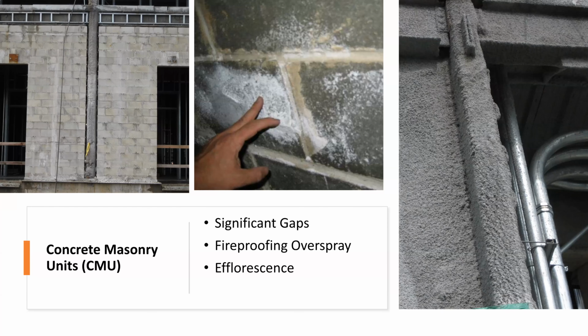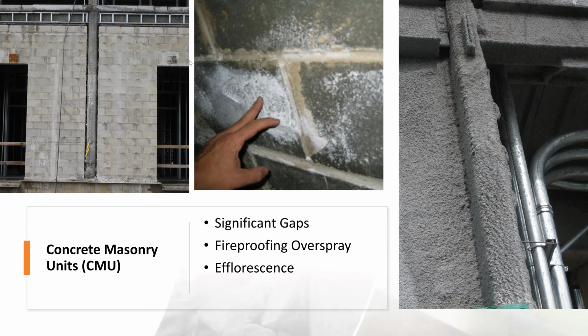But this is an area that would be a concern because simply nothing would stick well to it. Okay, so gaps, identification of moisture, and overspray. And it could be overspray from other things too. It doesn't have to necessarily be fireproofing, but that's an example that we've seen in the field.